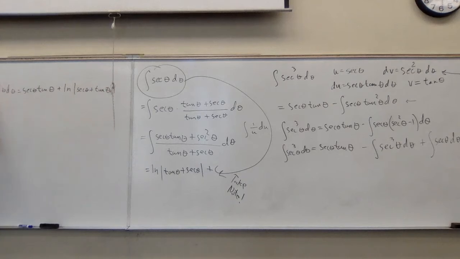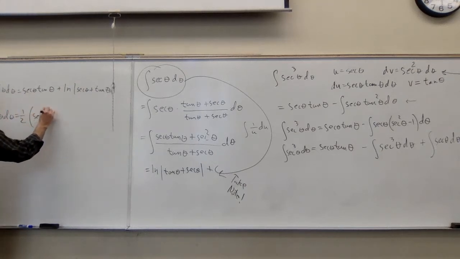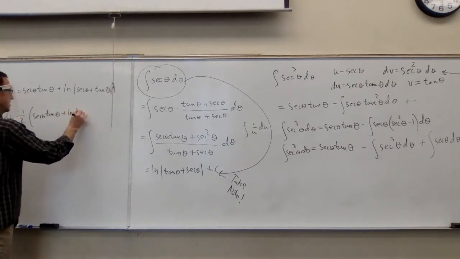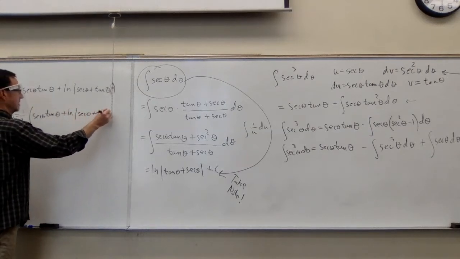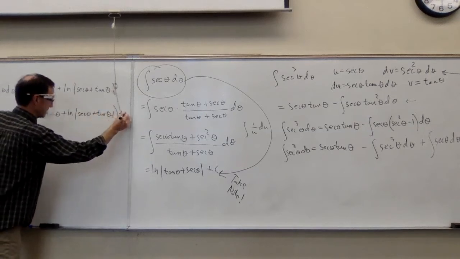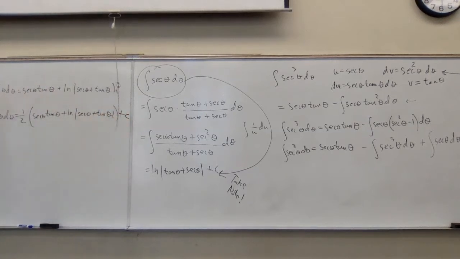To solve for this, we just need to divide by 2. I'll just write it as one half times the whole thing, and now we'll say plus C. We're done.